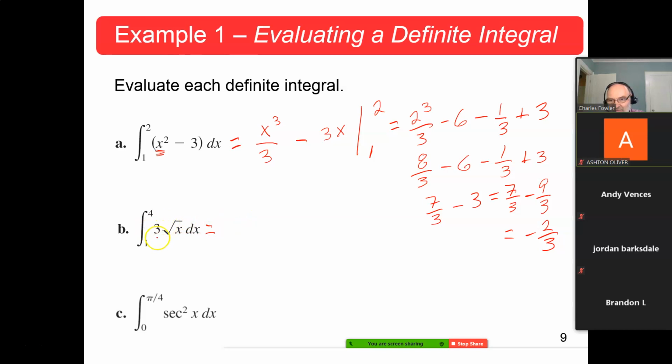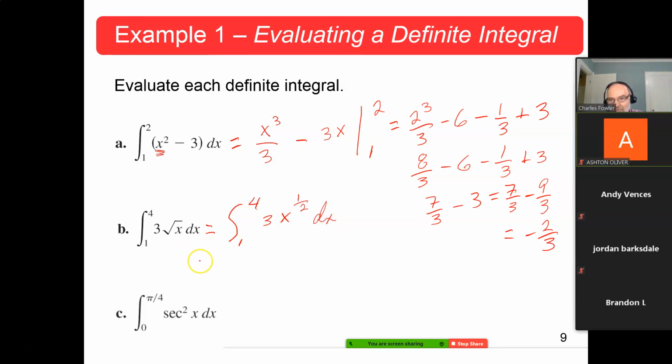I never like to try to integrate a radical or a variable in the denominator if I can help it. Okay, so what I'm going to do is rewrite this as an exponent, not as a radical. So this will be the integral from 1 to 4 of 3 times x to the what power? 1/2 power dx.